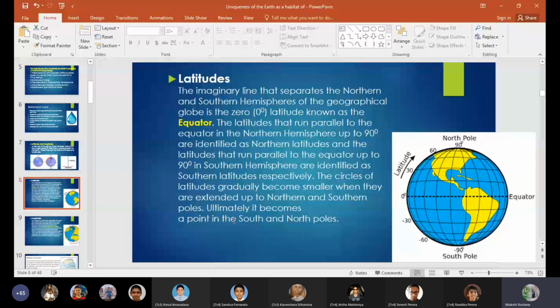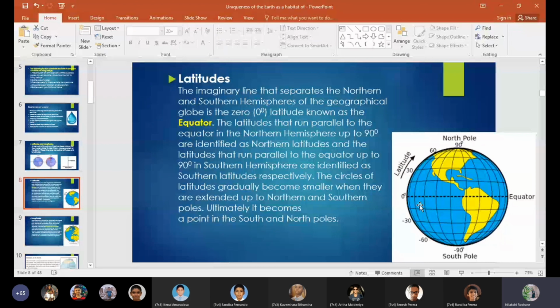The latitudes that run parallel to the equator in the northern hemisphere up to 90 degrees are identified as north latitudes, and those in the southern hemisphere up to 90 degrees are identified as southern latitudes respectively. The circles of latitude gradually become smaller as they extend toward the northern and southern poles. Ultimately each becomes a point at the south and north pole.